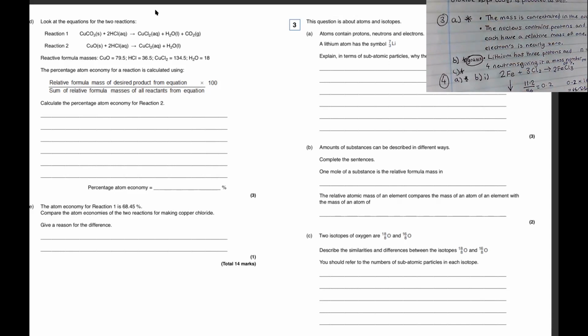Now, the relative atomic mass of an element compares the mass of an atom of an element with the mass of an atom of what?